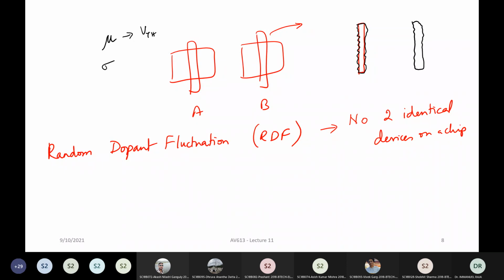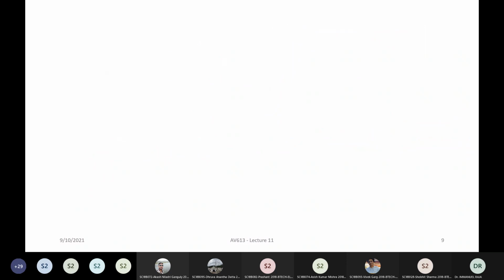multiple transistors. Now, if you think logically about it, let me say I have one device which is like this and another device which is like this.